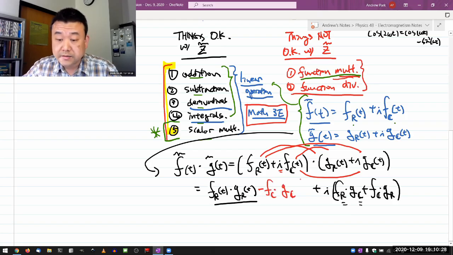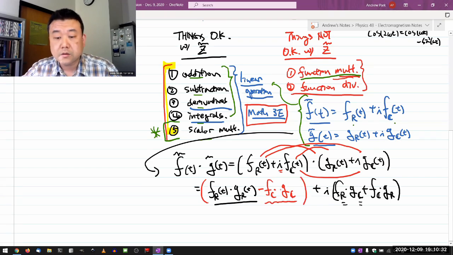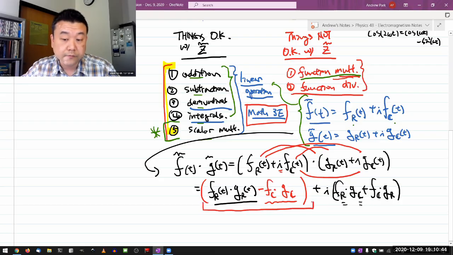So it's this term here that makes multiplication not work. When I did this multiplication, there is this term that came from that imaginary part multiplying with the imaginary part that basically changed my real part from what it would have been without the imaginary part.